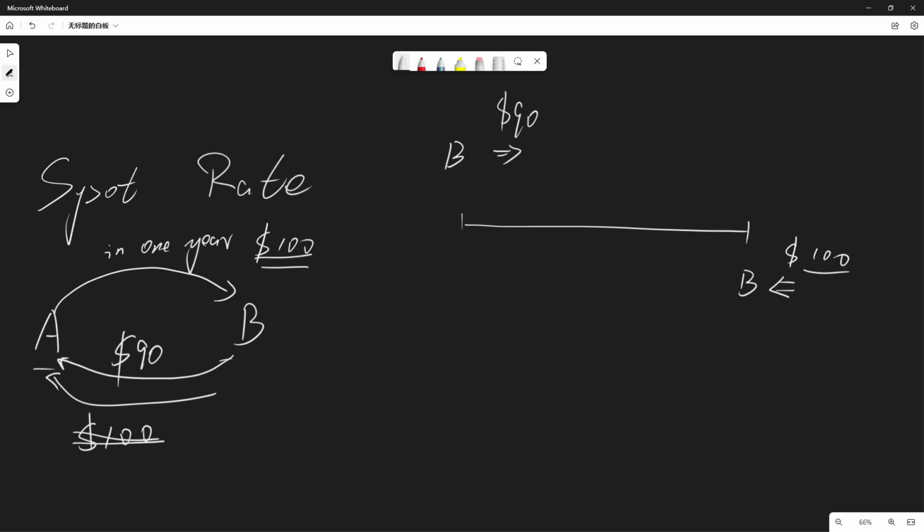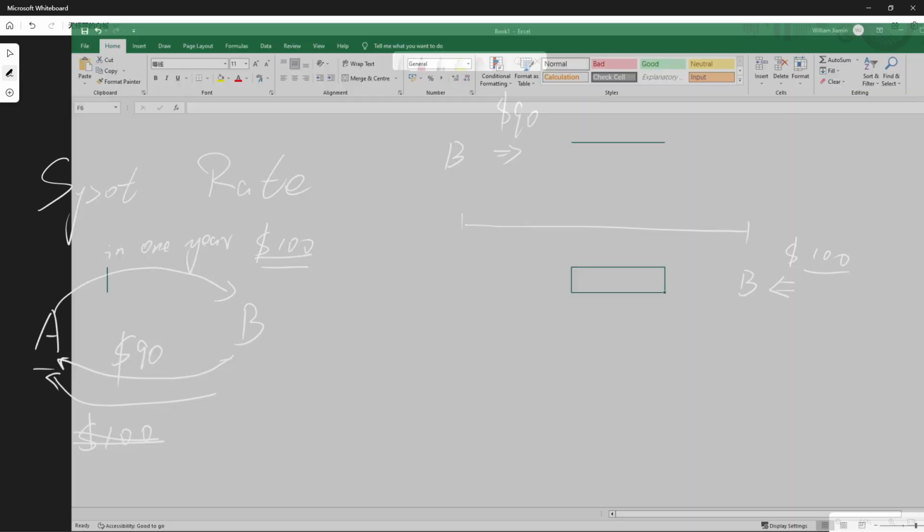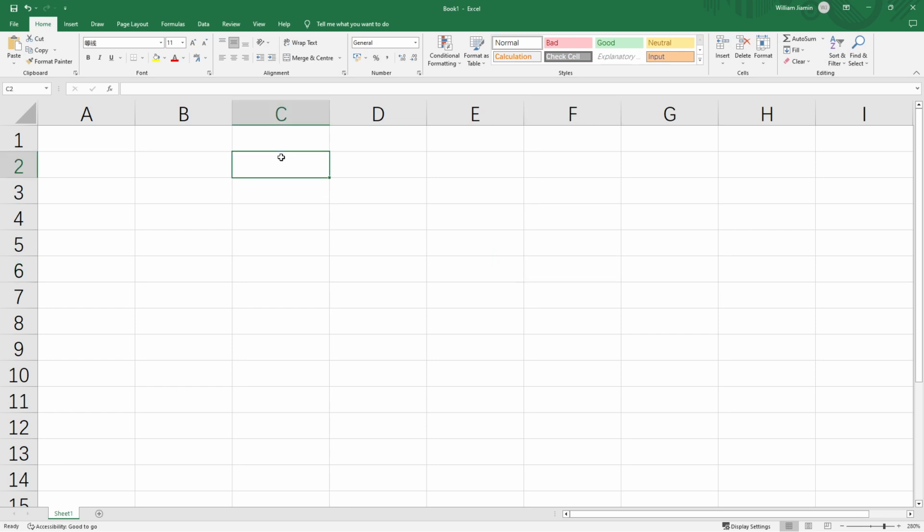Let me just use Excel to quickly show you guys. For example, this year is 2022. I think it's already 2023, so maybe 2024, right? And B is kind of investing $90, but in 1 year he will receive this amount, $100.